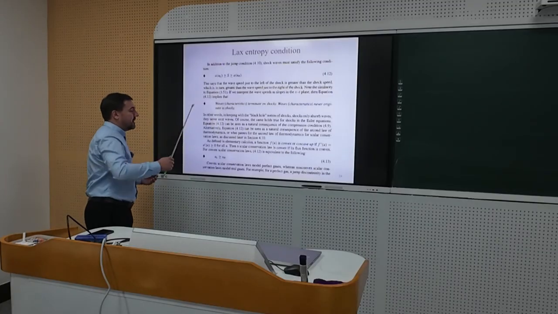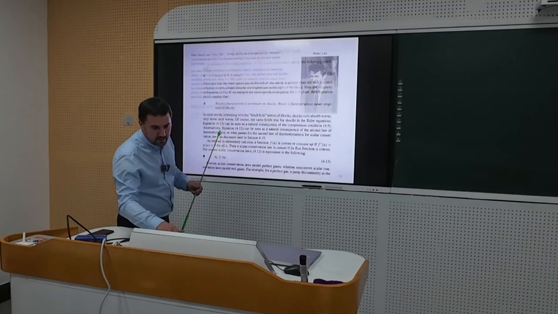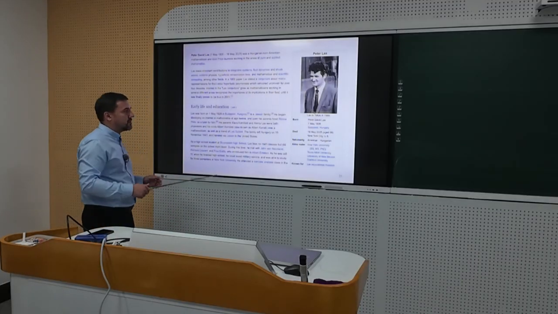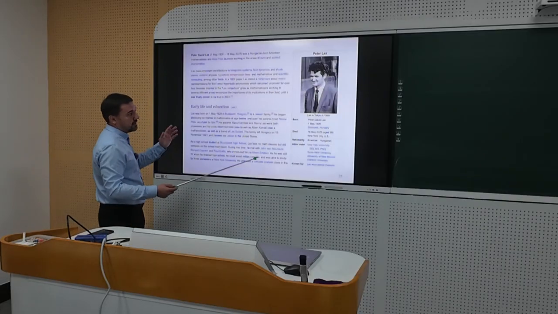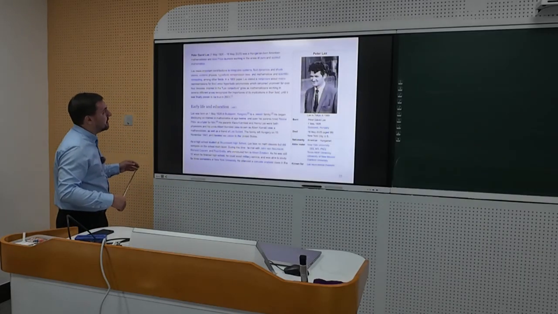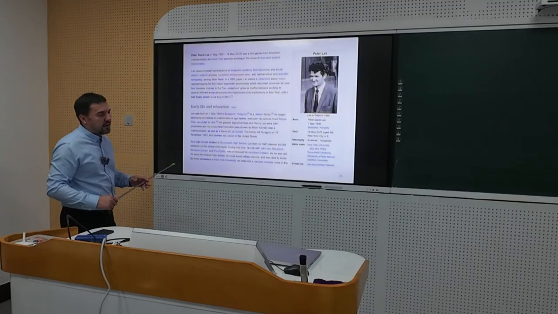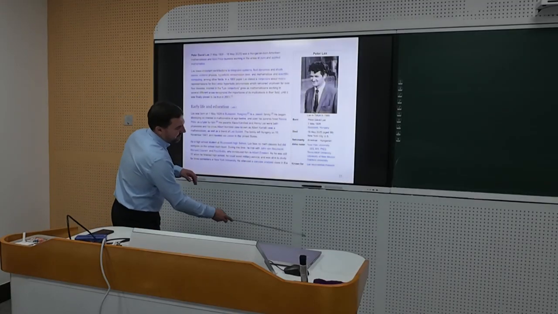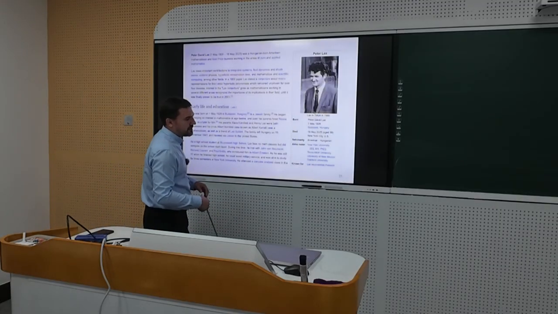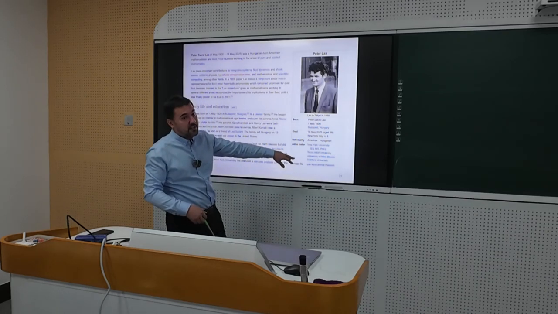And this entropy condition is associated with the name of Lax. So I think the last slide for today, Peter Lax is one of the most famous mathematicians of the 20th century. He just died this year, at the age of 99. He was an American mathematician, Hungarian born, known for the Lax equivalence theorem. There's a big list of his results, but maybe one of the best known is the Lax equivalence theorem, we will discuss it next lecture.